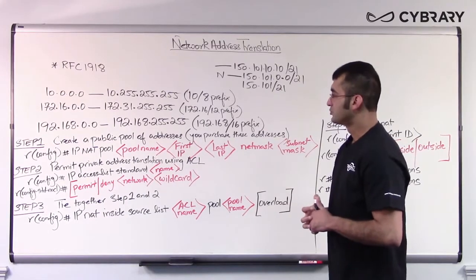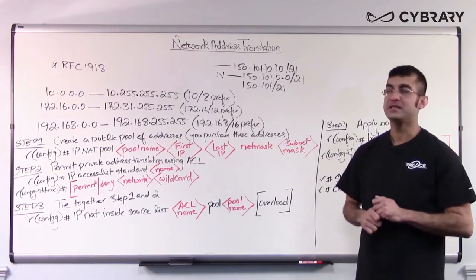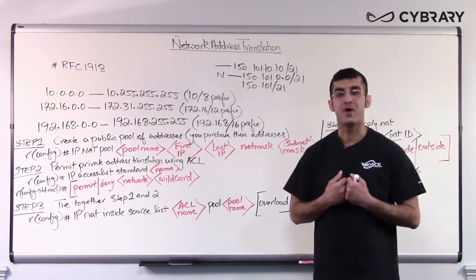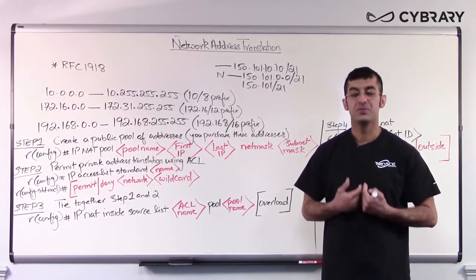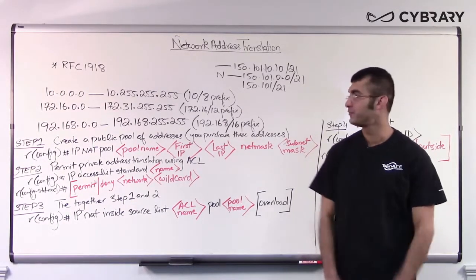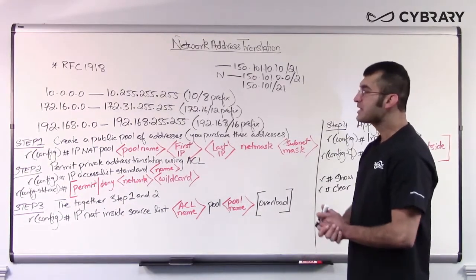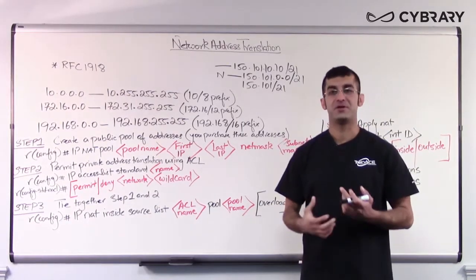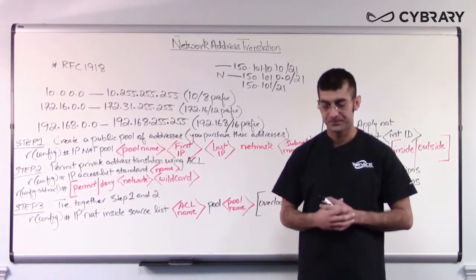Now, to do NAT, we're going to do a lab soon, but the easiest way I personally have seen, or I personally memorize these, is to just break the configuration down into 4 simple steps. So, let's say you work at a company and they are using private addresses, and now you need to go to the public internet to do business.